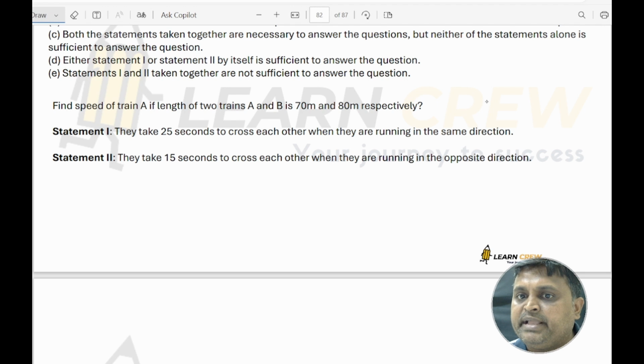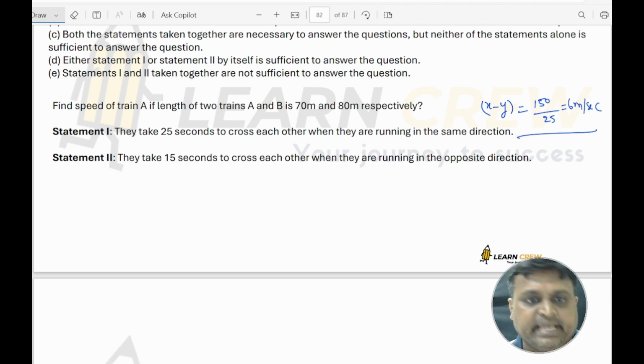So one train's speed is x, the other's speed is y. Relative speed is x minus y, which is relative distance, the sum of the lengths of the trains, divided by the time taken, 25. So 6 meters per second is the relative speed in this case.